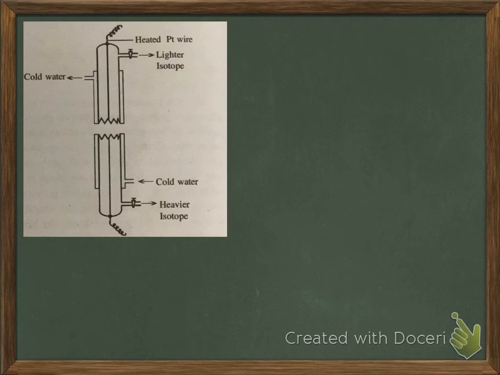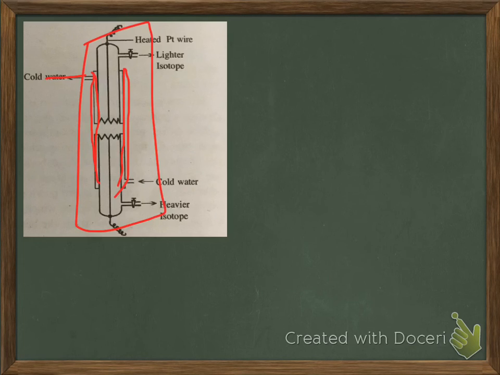We have to take a gaseous sample of two isotopes in a glass chamber like this. In this glass chamber, we have a system of passing cold water in the outer region. Using this outer compartment, we can pass cold water and the temperature can be reduced. At the same time, it has a platinum wire at the center which can be heated.